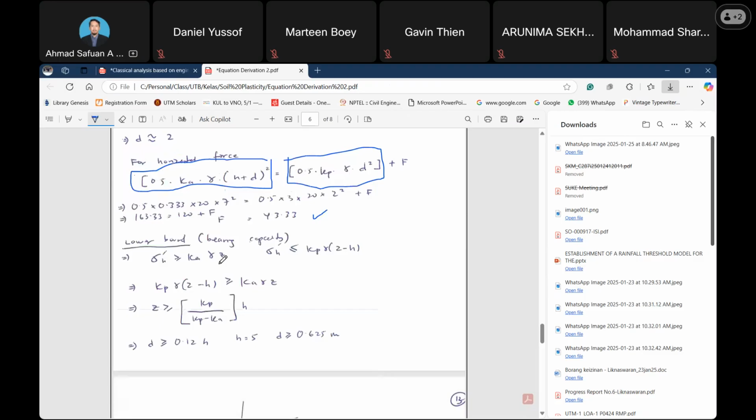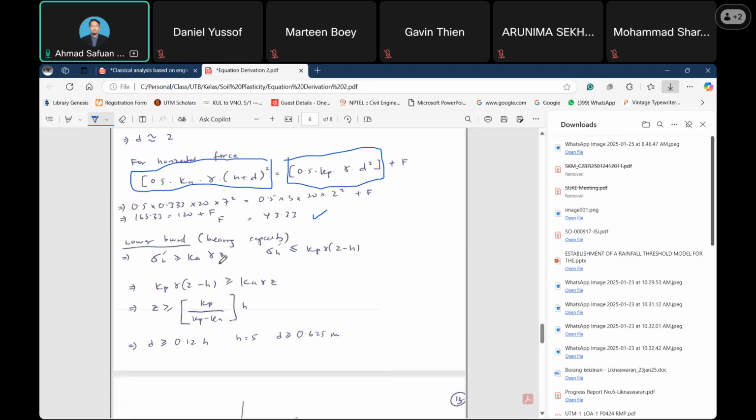So that is for this example. If H is equal to 5, then we put the H value in our answer, then we get D is equal to 0.625. So the range of the D is starting from 0.625 to 2 meter.